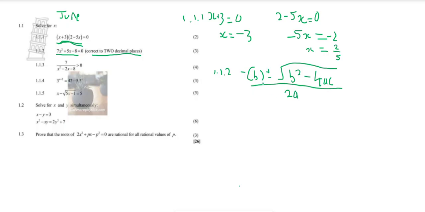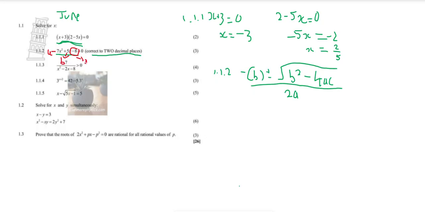Then you identify the number that is in front of x squared, that's your a, the number that is in front of your x, that's your b, and the number that is a constant will be your c.